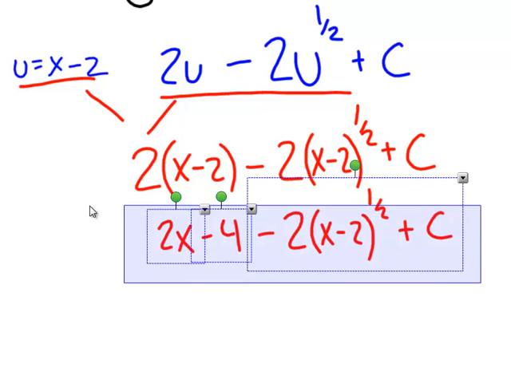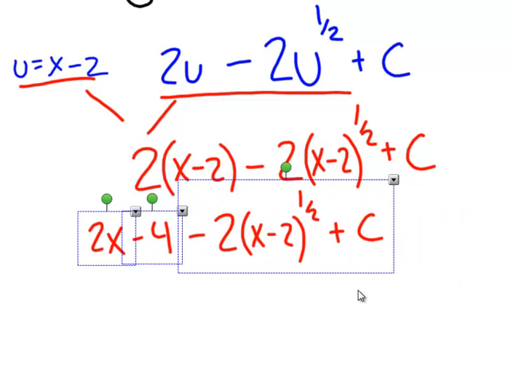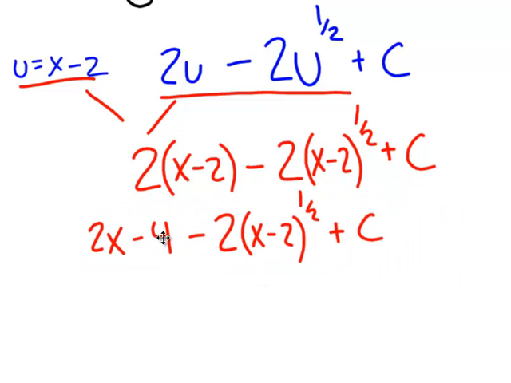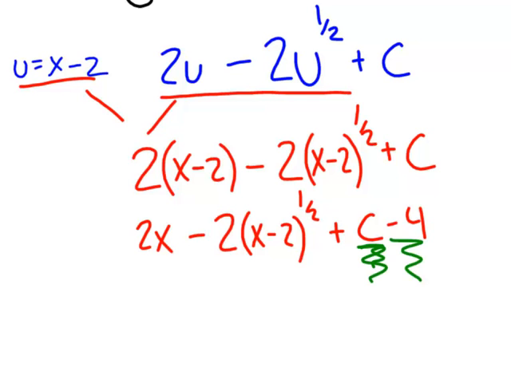But I do want to point something out because this can come up. Sometimes what people may do is they may say, I'm going to take that minus 4 and move it over here to the end. And then you can make the argument that if c really represents any constant, and you're subtracting 4 from it, doesn't that also equal just some arbitrary constant?